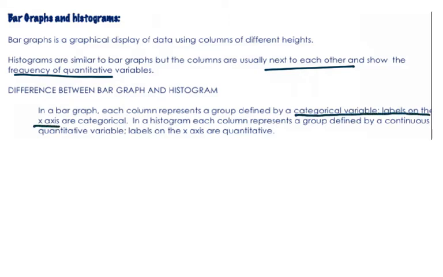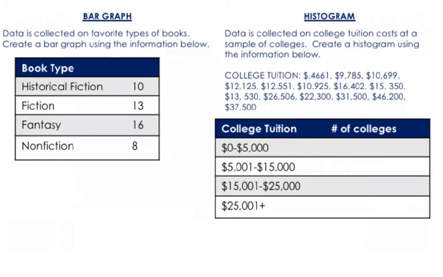So labels on the x-axis are categorical. In a histogram, each column represents a group defined by a continuous quantitative variable, so a number. Labels on the x-axis are quantitative. So in a bar graph, you're going to have actual words, and in a histogram, you're going to have numbers. That's the difference.